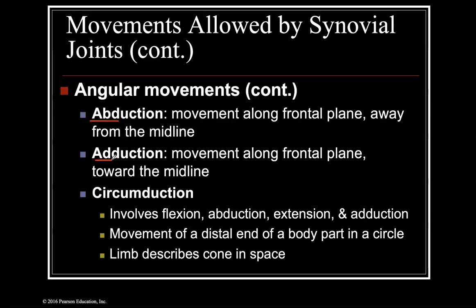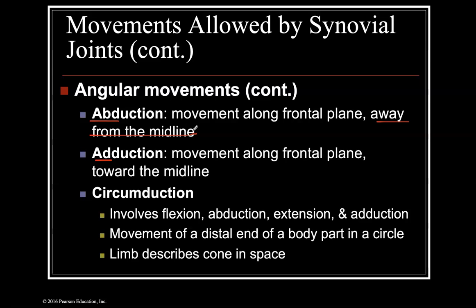Think about abduction as abducting something away from the body, especially limbs, like if you're pulling your arms out to the side. You're pulling those limbs away from the trunk of the body. So any movement away from the midline is abduction.